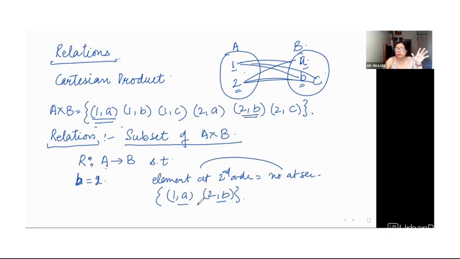I told you, you will be getting a few or all. At max, we can have all these ordered pairs, but that is a very slim chance. So these two are the solution to the relation that we have defined here, right? So a relation will have ordered pairs out of the Cartesian product only, right?